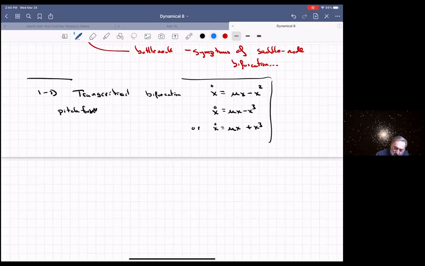If you stick on y dot is minus y, you can come up with all of these other types of bifurcations.